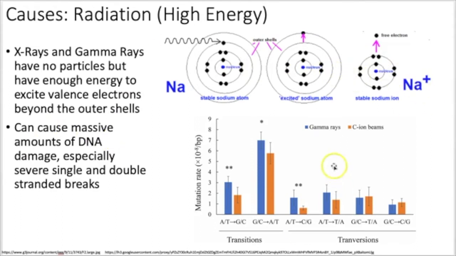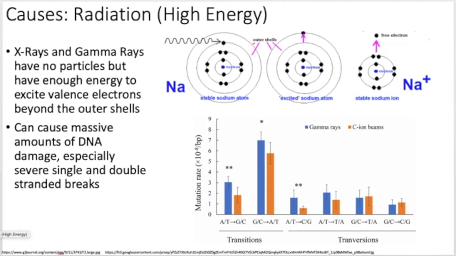That's not good because this sodium is now very, very upset. So it could be a carbon in the backbone of your DNA. It could be that phosphate. The phosphorus in the sugar phosphate backbone of your DNA already has a bunch of electrons there that you can excite and make them jump away.